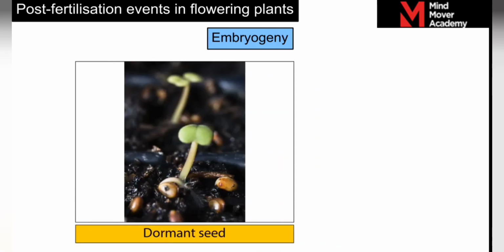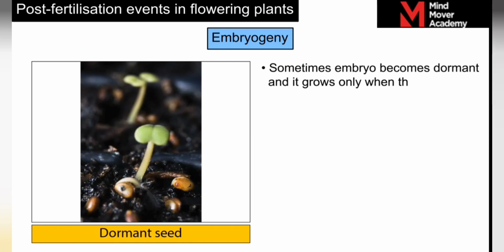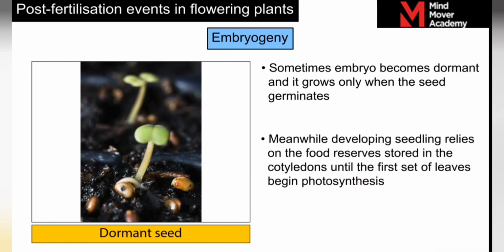You will be surprised to know that the embryo enters the state of dormancy or inactivity, and it resumes its growth only when the seed germinates. The developing seedling will rely on the food reserves stored in the cotyledons until the first set of leaves begin photosynthesis.